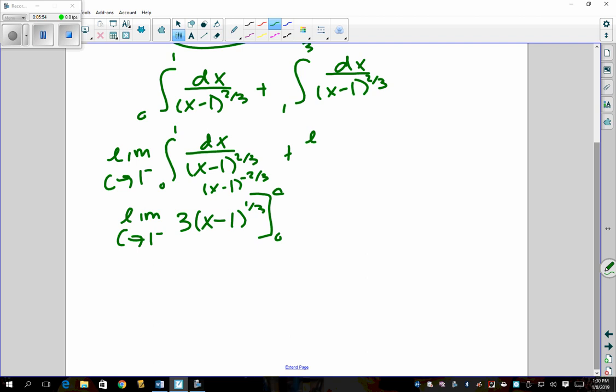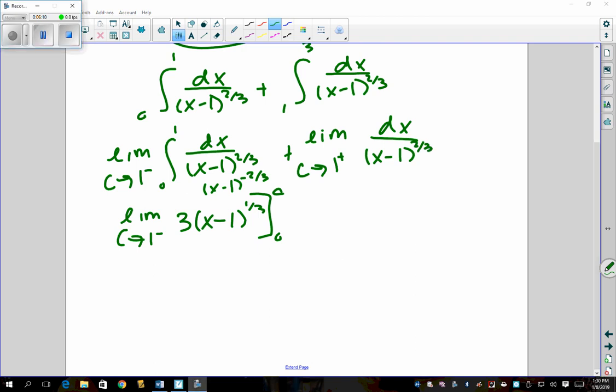And then this second integral becomes the limit as c approaches 1 from the positive side, dx over x minus 1 to the 2/3. When we integrate this, we get the limit as c approaches 1 from the positive side.